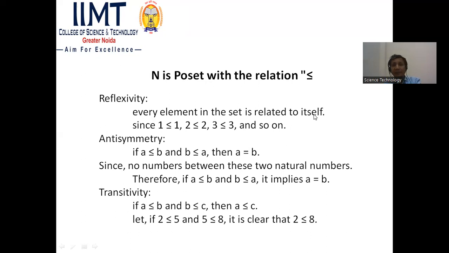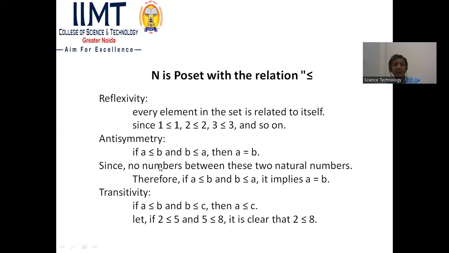Since every element, that is 1, 2, 3, 4, is less than or equal to itself, reflexivity property holds because every element is related to itself. Moreover, we notice if A is related to B and B is related to A, then A is equal to B, which is the antisymmetry property.